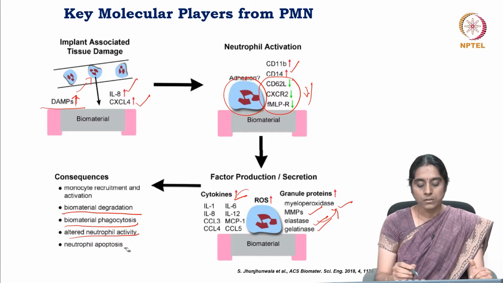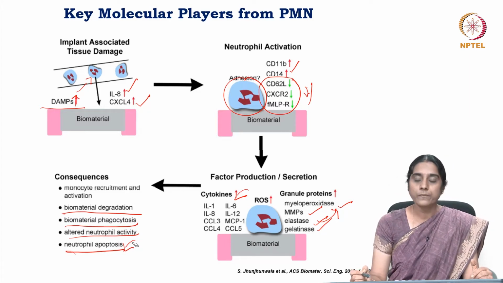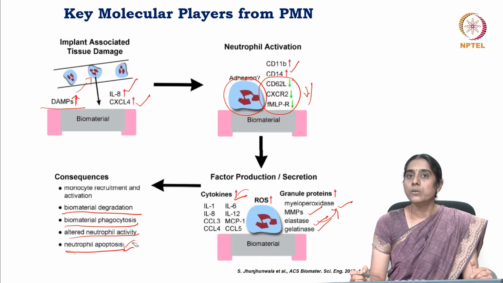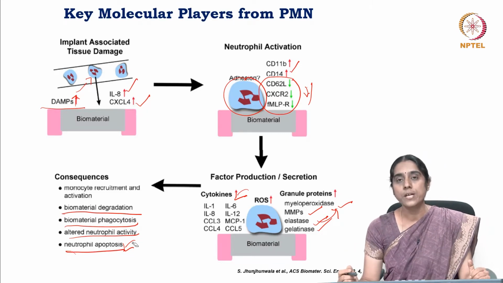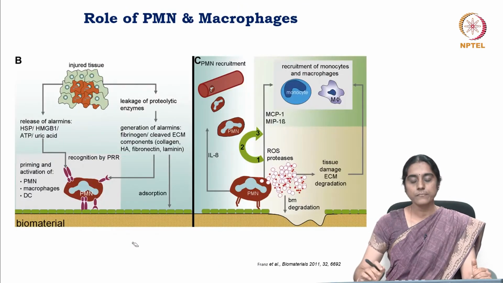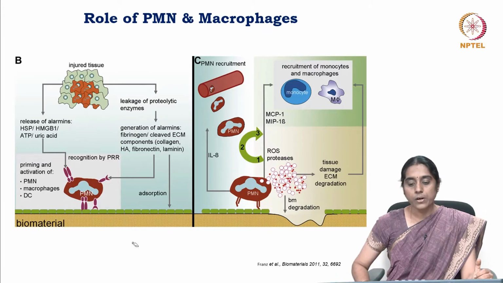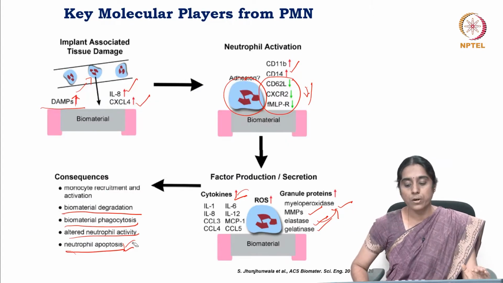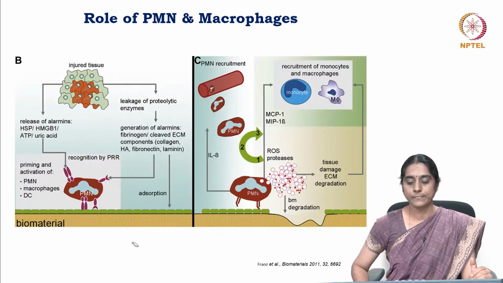Also, finally there will be neutrophil apoptosis, because too much activation leads to apoptosis. As you know, neutrophils are short-lived; their lifetime is 18 to 24 hours at most. So when they are activated, they undergo apoptosis immediately. This is how neutrophils alter the site of biomaterials.